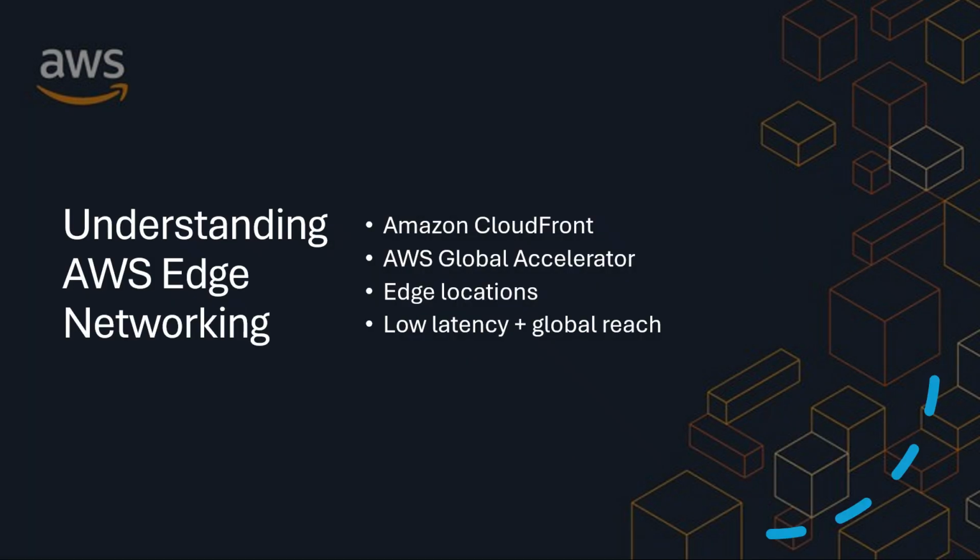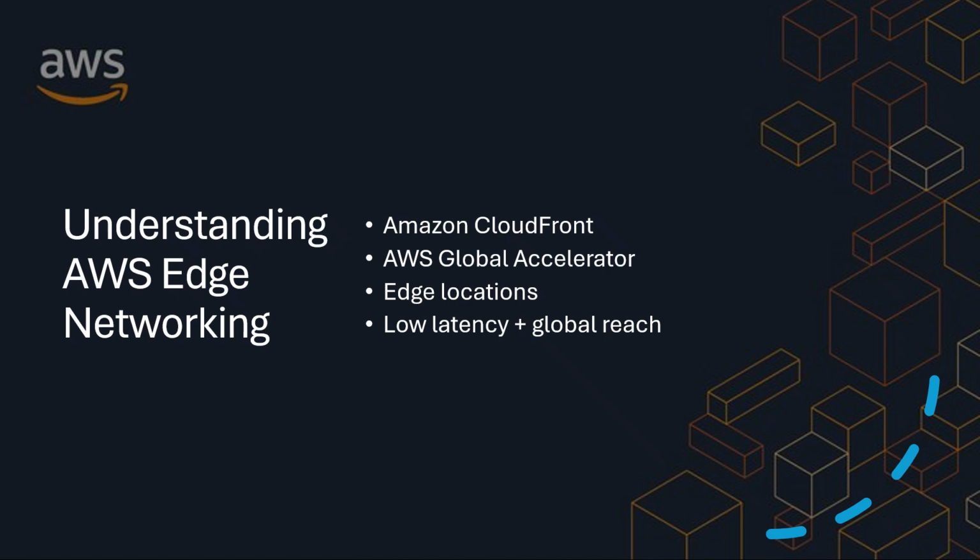When designing high-performing network architectures, edge networking plays a major role. Amazon CloudFront caches the content at AWS edge locations, dramatically reducing latency and offloading your origin servers. It's ideal for static content, APIs, media, and websites.